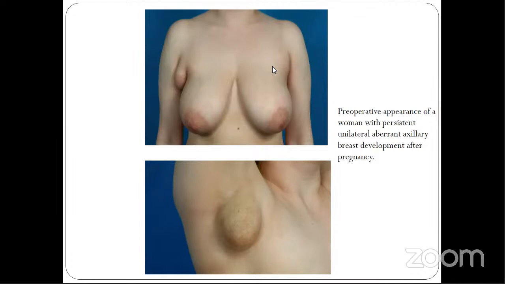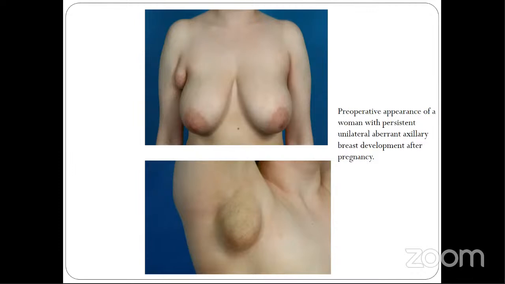Yes or no? Any answer? Question again. Can axillary breast go malignant transformation? No. Okay.